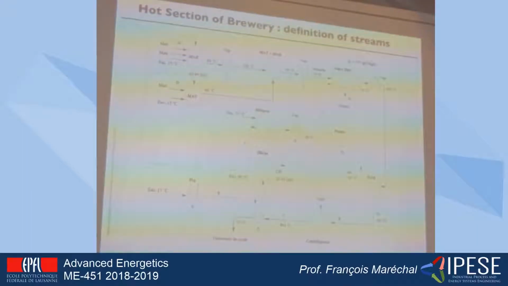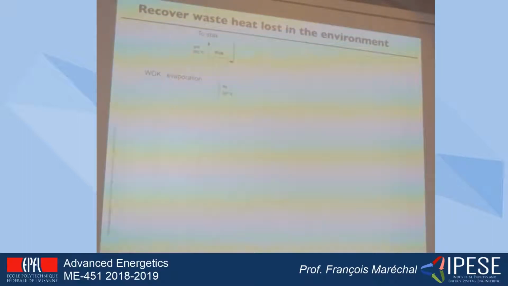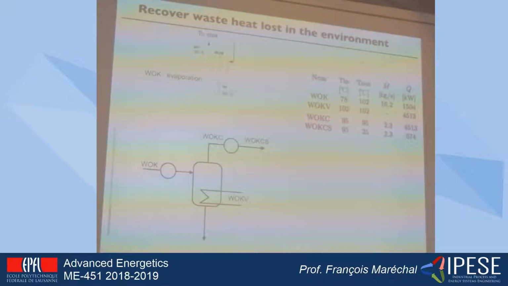Okay? Another example is what is happening in the evaporation section here. If I'm looking at what is happening there, I can see that I have a stream that is heated, that goes into this unit, and that is separating the gas from the liquid. So it means that in reality what I need is to preheat the flow that is entering the evaporator to reach the temperature of evaporation.